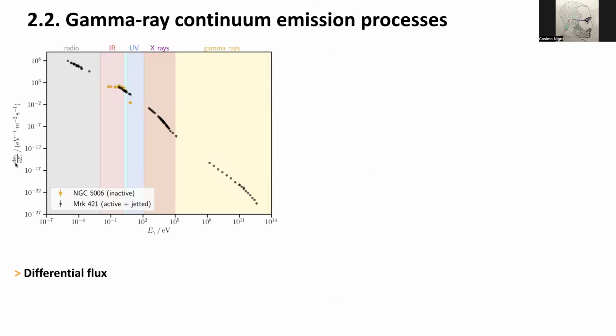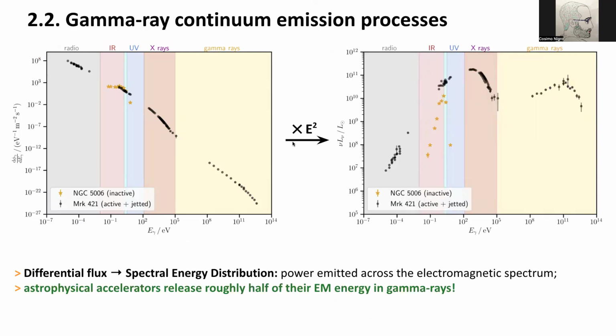Normally, we have this representation of the differential flux as a spectral energy distribution. It's basically obtained by multiplying the differential flux of the source by E squared. In this case, the units are basically power per square centimeter.